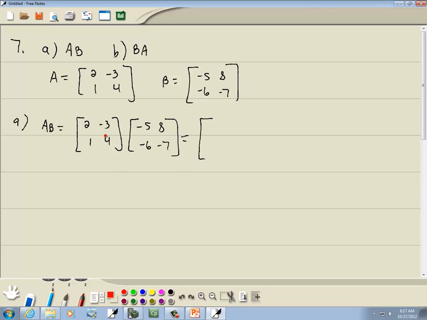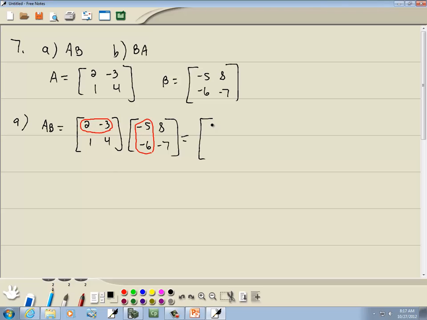I'm going to erase that, but I don't want it to erase what's already there. So we're going to take this row times this column. So that's what we start out with.